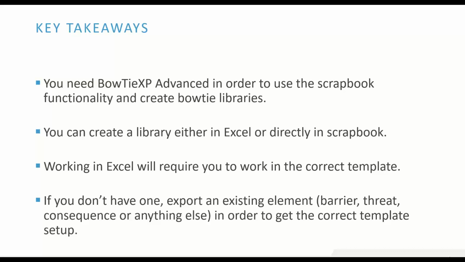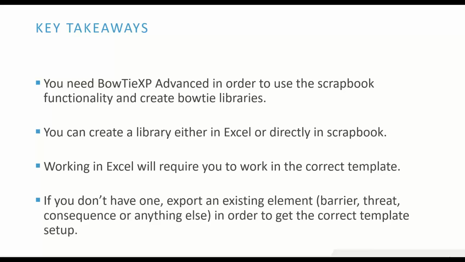But if you ever do something wrong or something doesn't work as you expect, you can always either contact us, or you can simply export an already existing element through Scrapbook and then into Excel. This will allow you to see which columns should be defined in what way. And that, of course, will allow you to understand where your mistakes are in your initial Excel import.